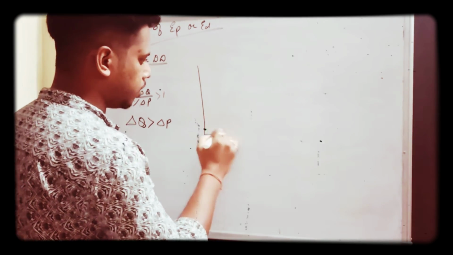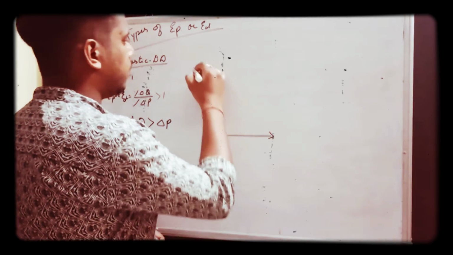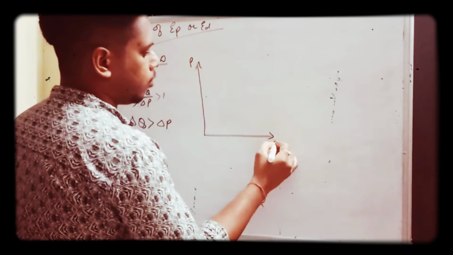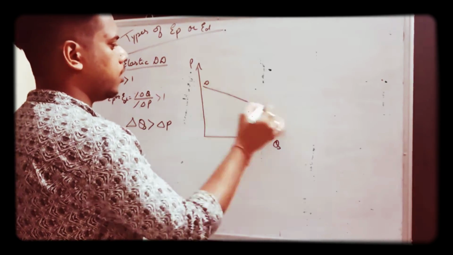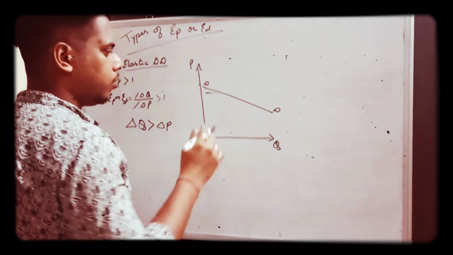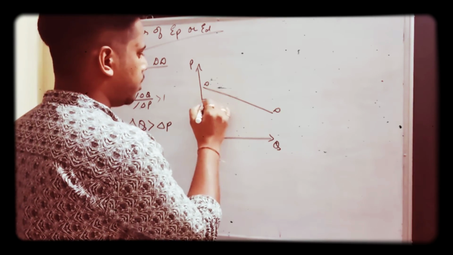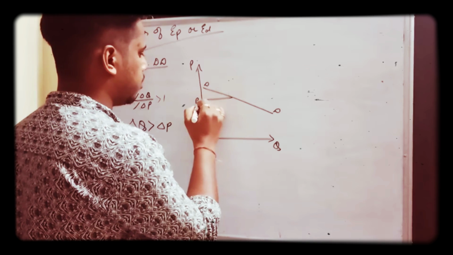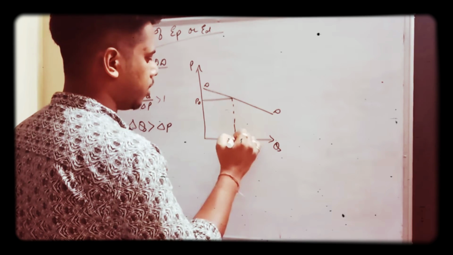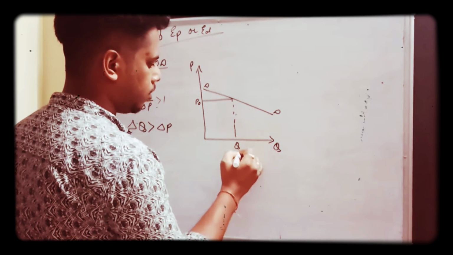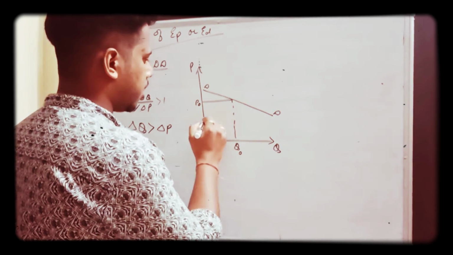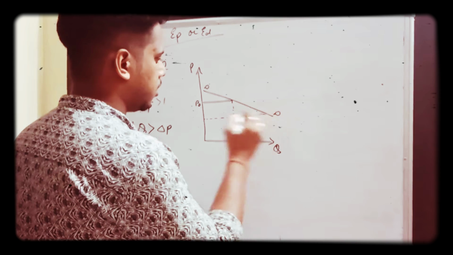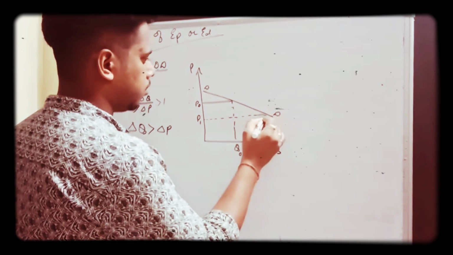So in order to show this, we can draw the demand curve a bit flatter. So this is the demand curve. Now take a base price P naught. The associated quantity will be denoted as Q naught, and take a current price as P1.